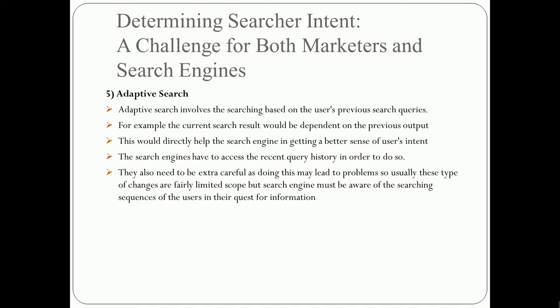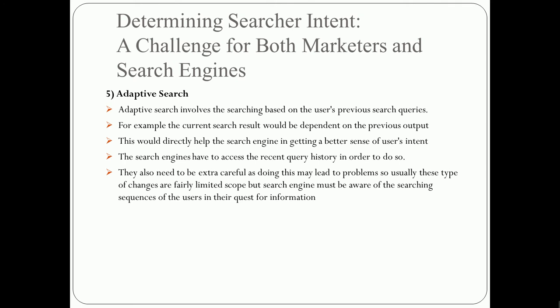They also need to be extra careful, as doing this may lead to problems. Usually this type of change is fairly limited in scope, but the search engine must be aware of the searching sequence of users in their quest for information.